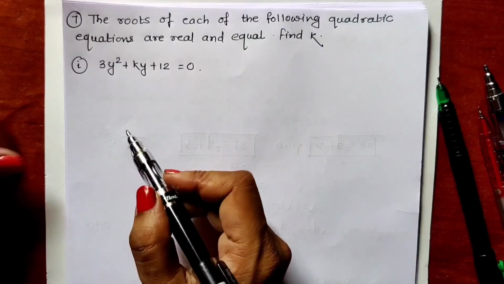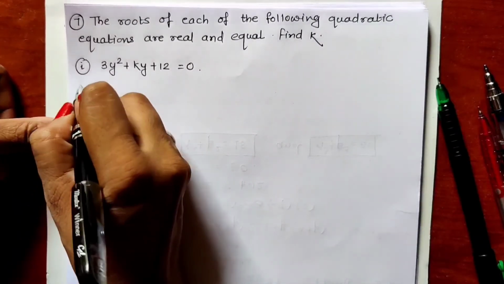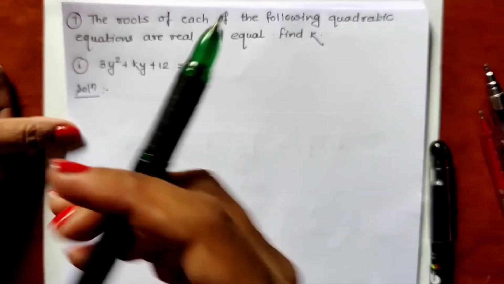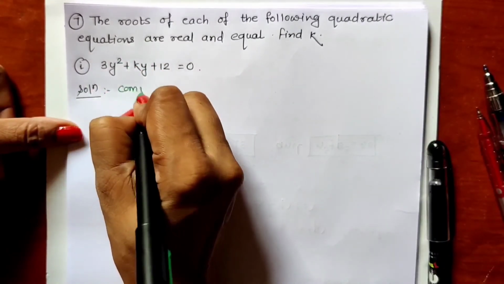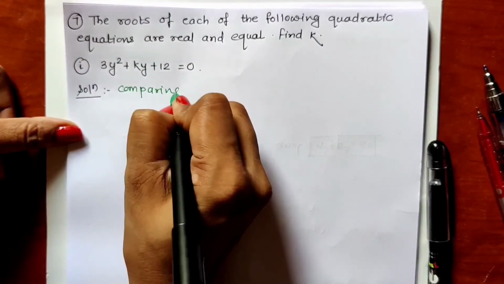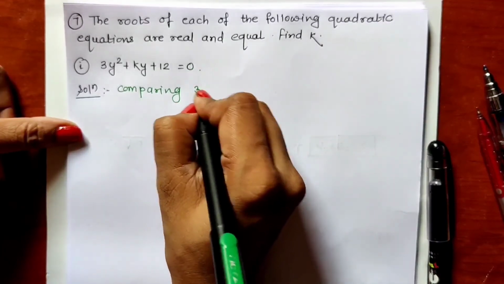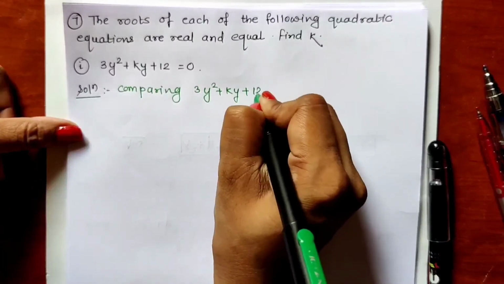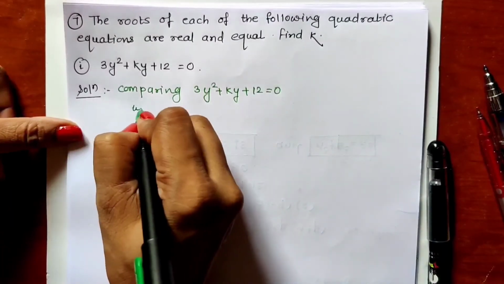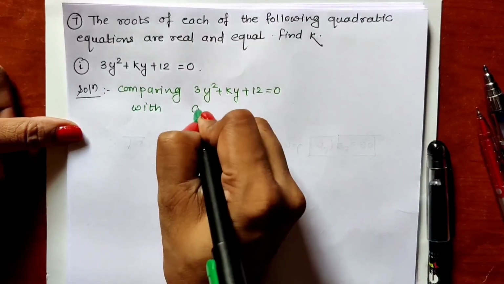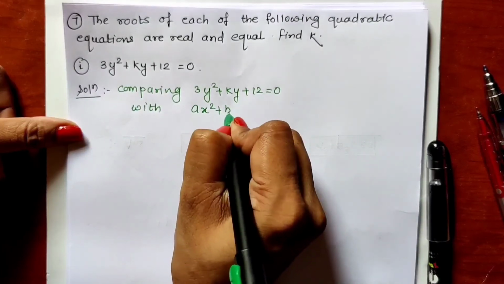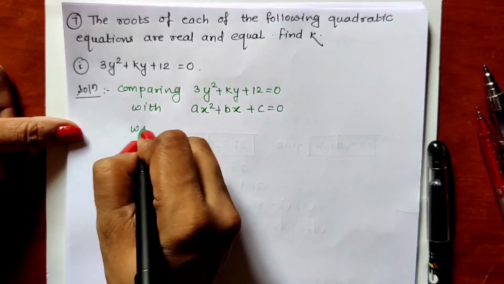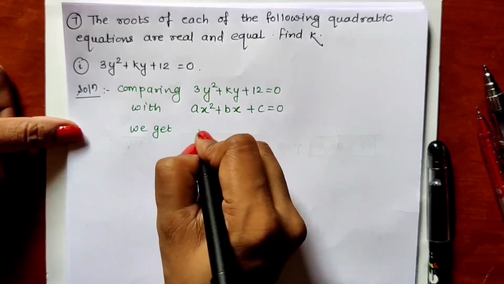This is our given equation. It is in the format of ax square plus bx plus c. So let us compare. Comparing 3y square plus ky plus 12 is equal to 0 with ax square plus bx plus c is equal to 0, we will get the values of a, b, c.